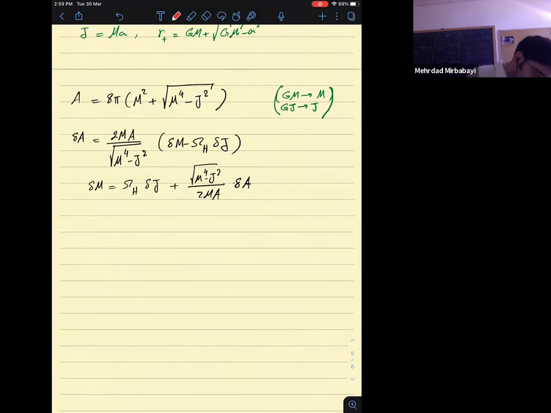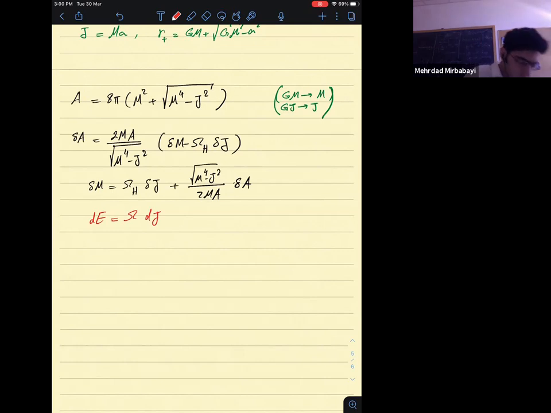So remember what the first law of thermodynamics is. If we are talking about a rotating object, then we have the change in energy, and then there will be a term which has to do with the work. In the case of a rotating object, that work would be omega times dJ.